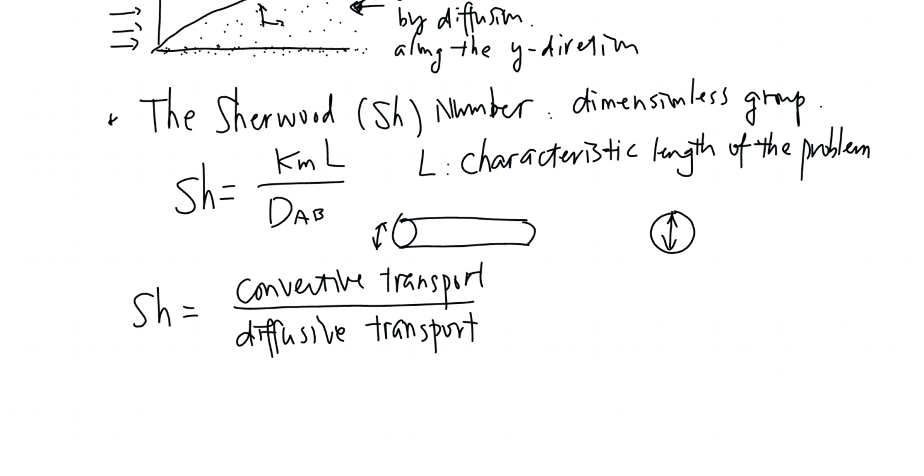So the Sherwood number is a comparison of which transport mechanism dominates. Is it dominated by diffusion or dominated by convection? So this is the number.